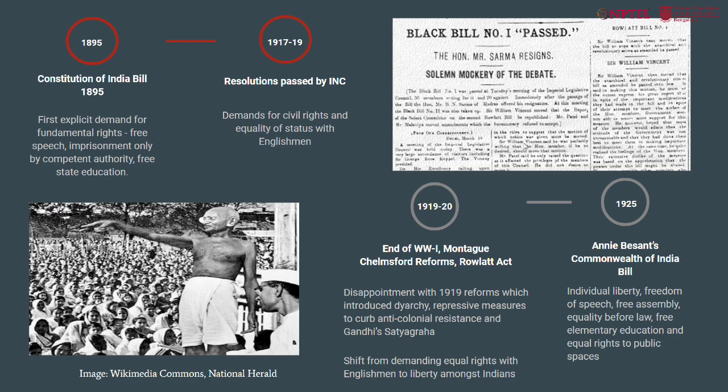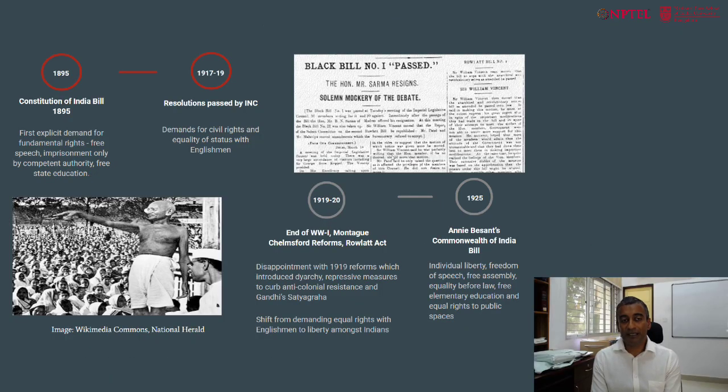So in 1895, the Constitution of India Bill, which was drafted anonymously at the time, but seemed to be generated by some leading figures in the freedom movement, made an explicit demand for fundamental rights. The early demand was for free speech and protections against arbitrary imprisonment, as well as a free state education.